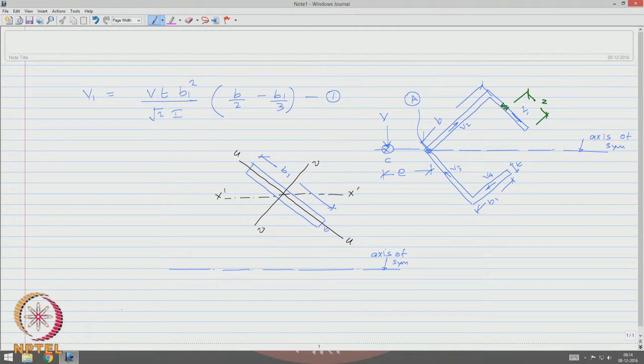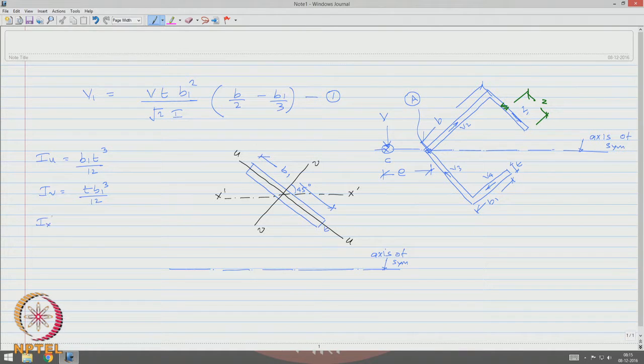So, one can easily say that IU is B1 T cube by 12 and IV is T B1 cube by 12, and we know that this angle is 45 degrees.